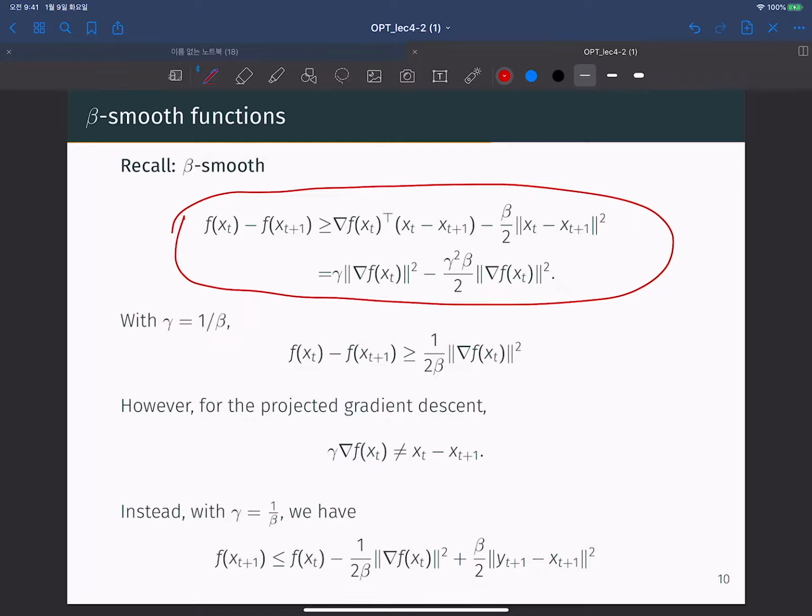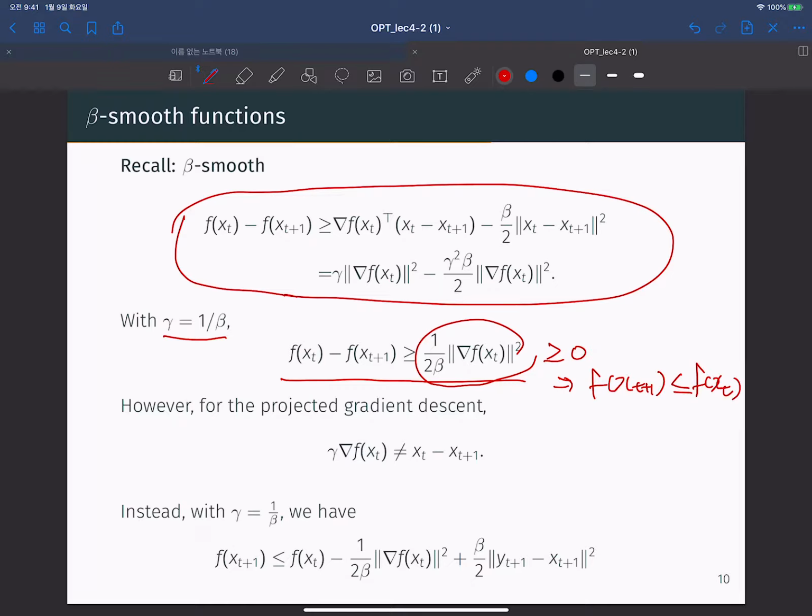And for gamma equal to 1 over beta, from this inequality we have f(x_t) minus f(x_{t+1}) is greater than or equal to 1 over 2 beta times the norm of the gradient of f(x_t) squared. Since this is always greater than or equal to 0, we can always say that f(x_{t+1}) is less than or equal to f(x_t).